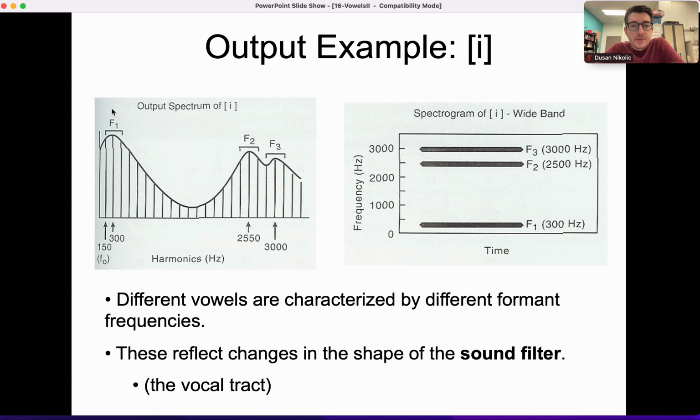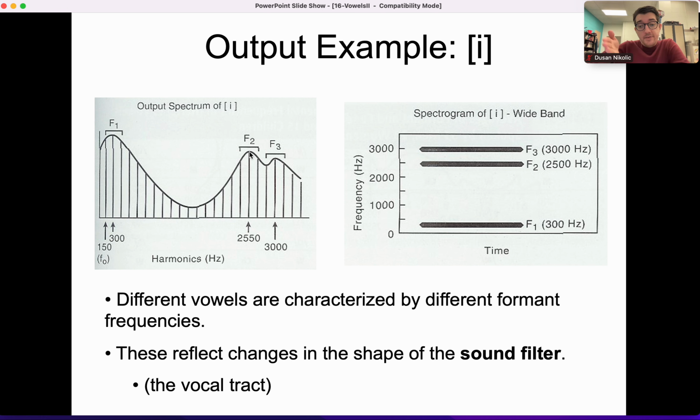For this vowel E, as we wrote on the board, if F1 is lower, it's counterintuitive, we have a higher vowel, which is E. And if F2 is higher, we also have a front vowel, which is E, right? So F1 is here very low, and F2 is much higher.